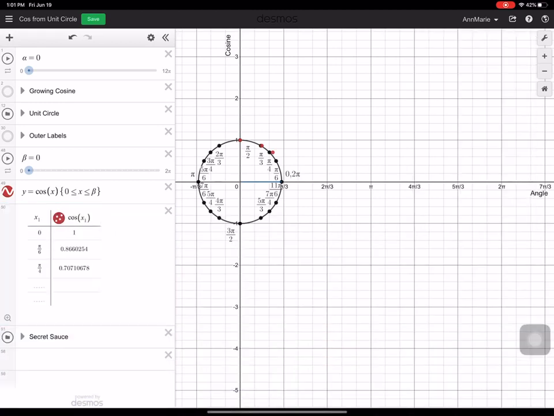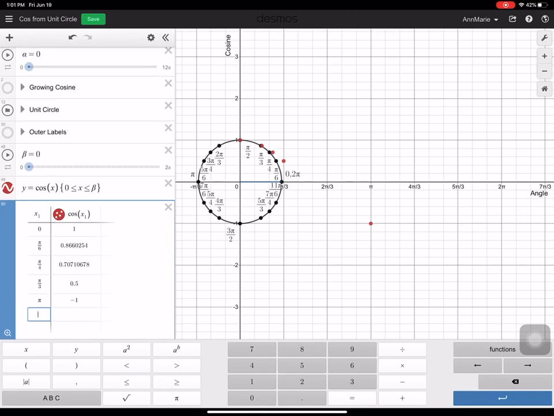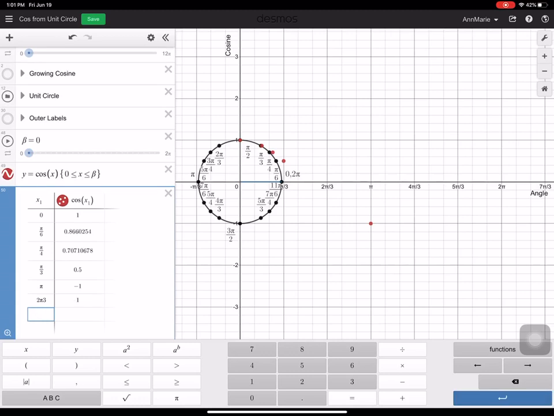So that's what Desmos is plotting here: pi over 3 on the x-axis, and the cosine of pi over 3 on the y-axis. And I'm just going to go ahead and build some of these out.